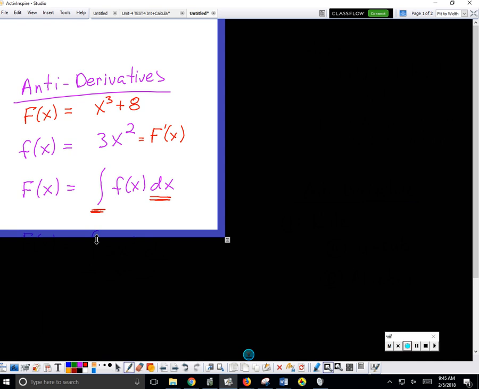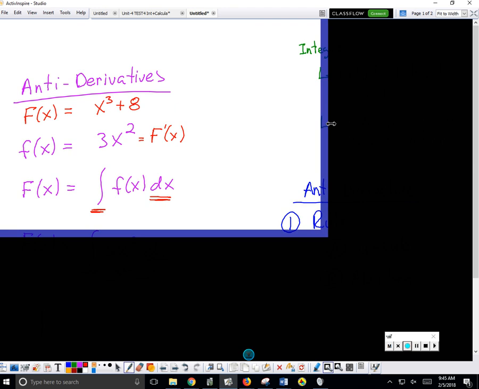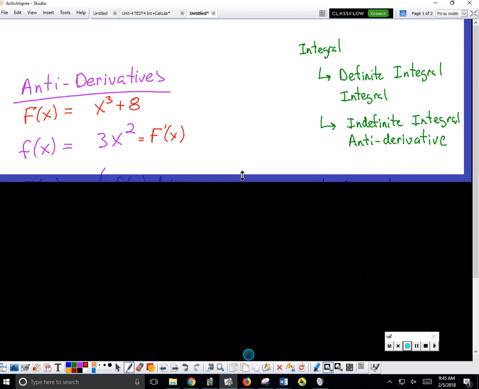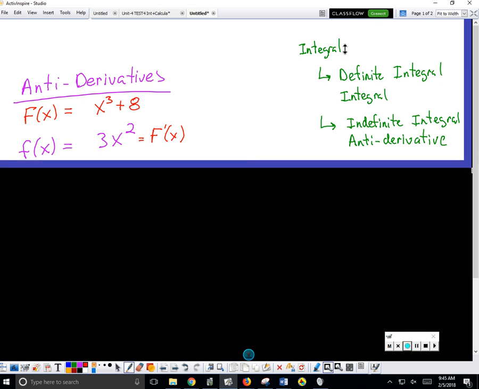I try to eliminate the confusion that Kate just mentioned by always using the word antiderivative. If you talk to parents or friends or tutors, they may throw in some other words just to make sure that you are fully confused. A lot of parents, teachers, and tutors will use the word integral interchangeably.